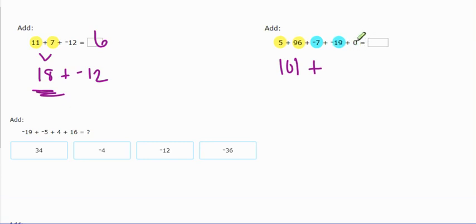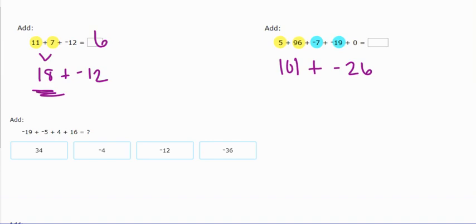And 0, we don't need to worry about that, right? Anything plus 0, we can ignore. So a negative 7 plus negative 19 gives me a negative 26. So I have 101 plus a negative 26.